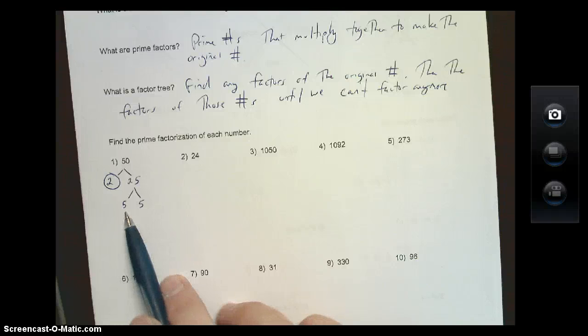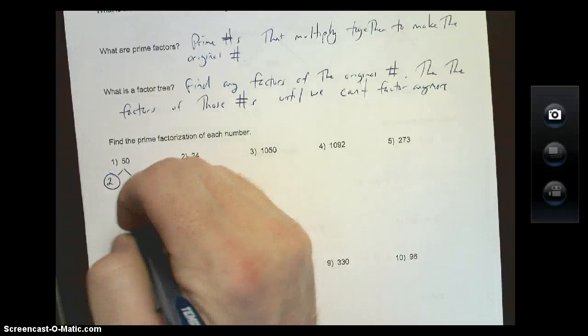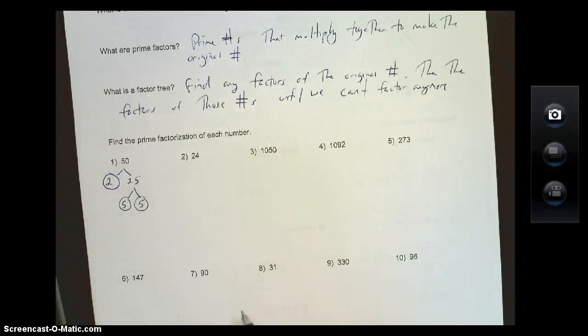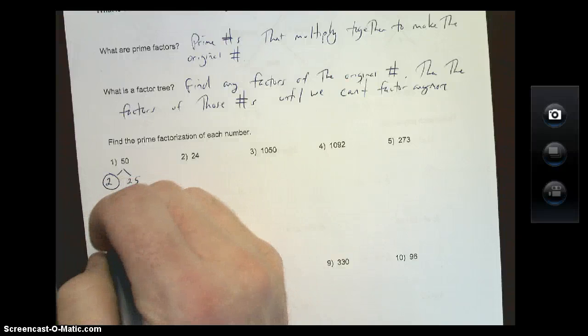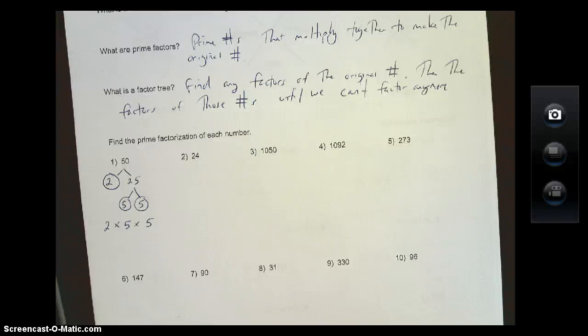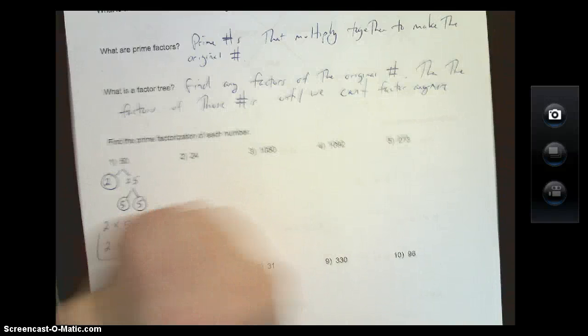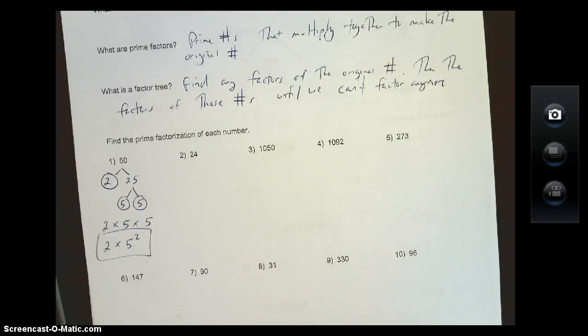Is 5 a prime number? Yes, only 5 and 1 can multiply to give you that. So we circle it. Your prime factorization of this number 50 is 2 times 5 times 5, or we can write it as 2 times 5 to the second power. You just count how many 5s you have.